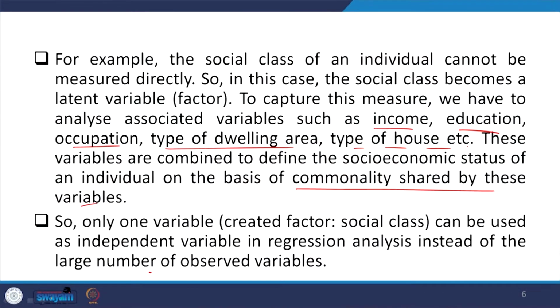Now, in social science research, even in management research, we largely go for regression analysis. Regression straightaway requires dependent and independent variables. So, in that case, as independent variables we generally take the variables which are observed and also those which are not observed. Okay.